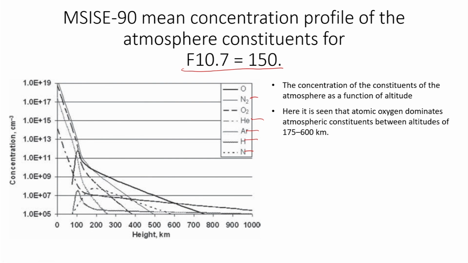You can see that this dark one is the atomic oxygen, and it dominates from somewhere around 175 to 600 kilometers. After that, other components like hydrogen and helium dominate.